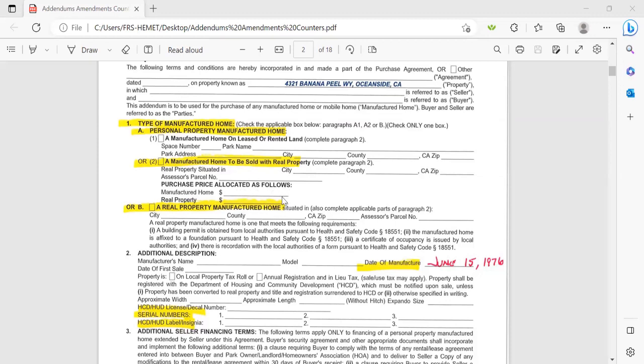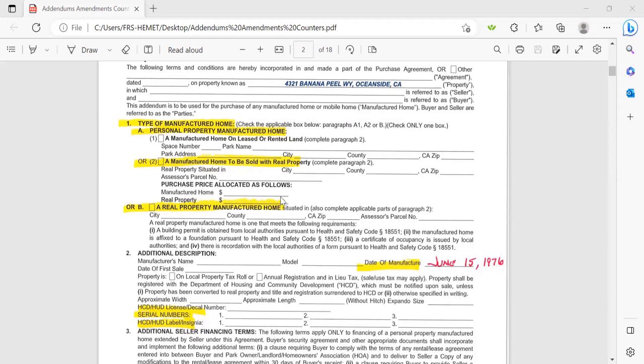Now, this is a funny number. The reason I say it's funny is because it almost becomes a flip of the coin or a little guesswork, because you have a manufactured home that has some value and you have real property that has some value. And a lot of people will just put it down as 50-50.